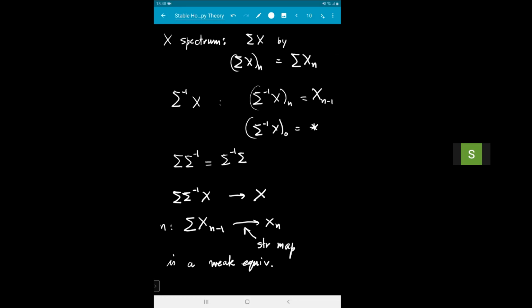So the next point is mapping cones. These you can define levelwise.